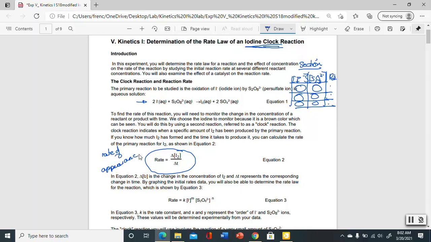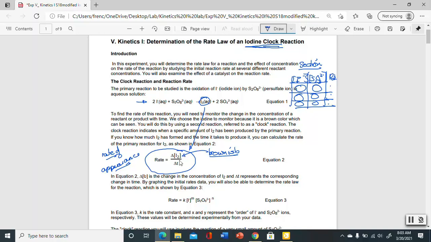Now, you can tell that iodine's being formed because it forms sort of a brownish solution. So you can actually see iodine being formed. But if we were to change the concentrations of iodide and then hold the concentrations of iodide steady and change the concentrations of persulfate, even though this is a relatively slow reaction, we really wouldn't be able to distinguish any difference in the rate for the multiple reactions.